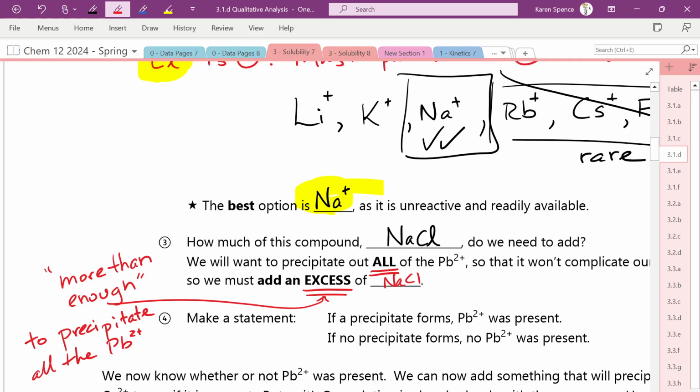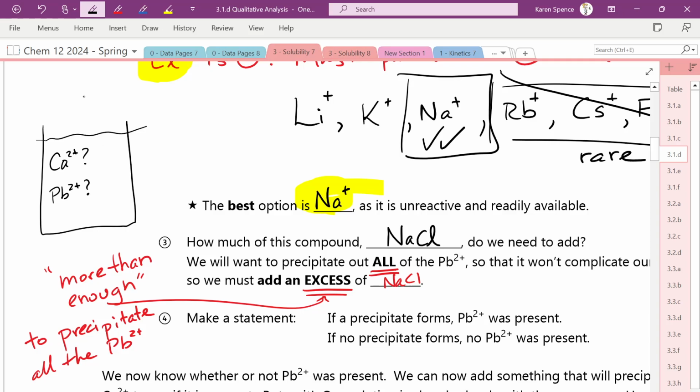Now, if you add this to the beaker and you're like, okay, here's my beaker, and maybe there's some calcium in there, and maybe there's some lead in there. If we add in NaCl, now we have chloride ion. What are we going to see if there was lead?